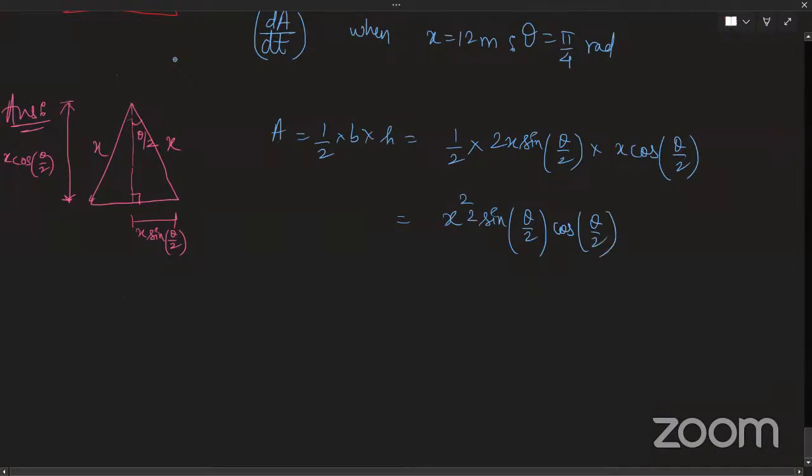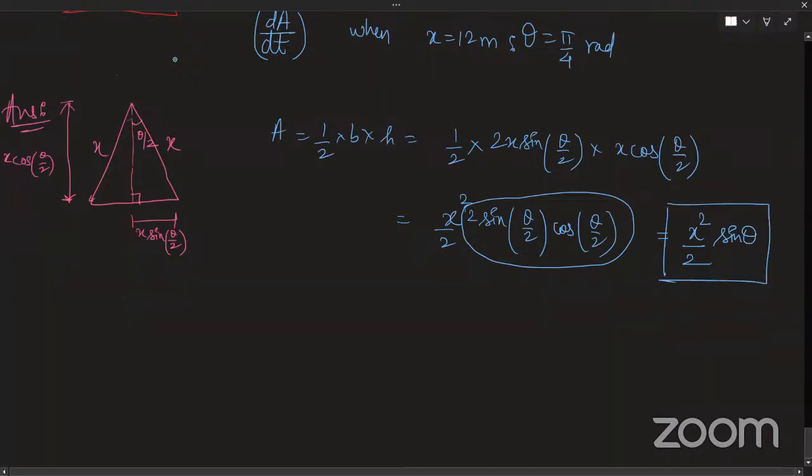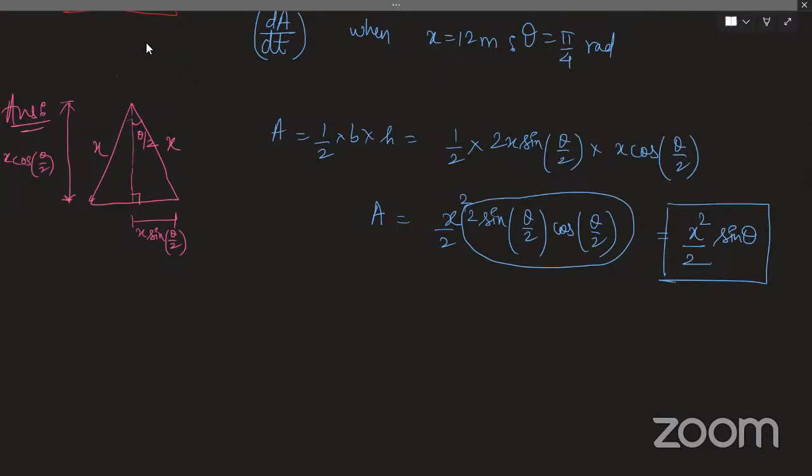What is 2 sine theta by 2 into cos theta by 2? It's sine theta, by the half angle formula. So my area is x square by 2 into sine theta.